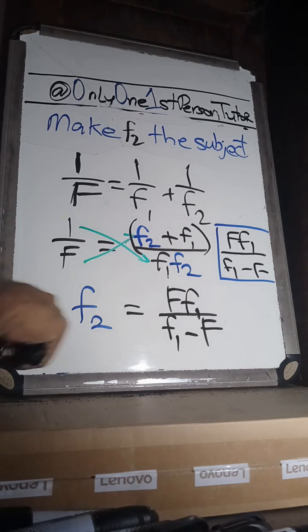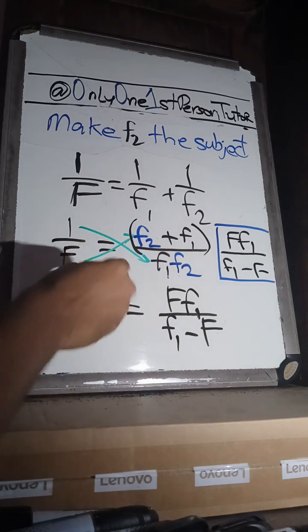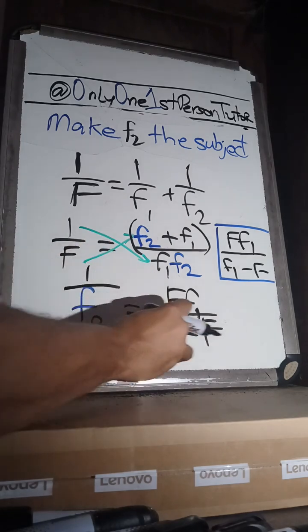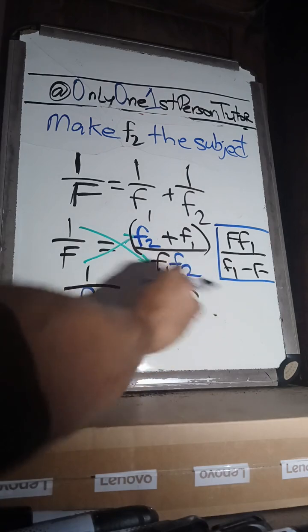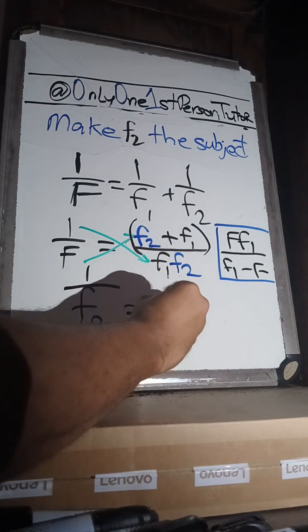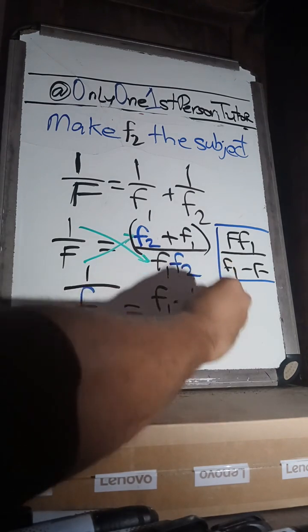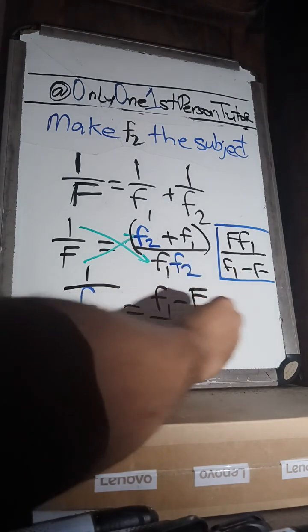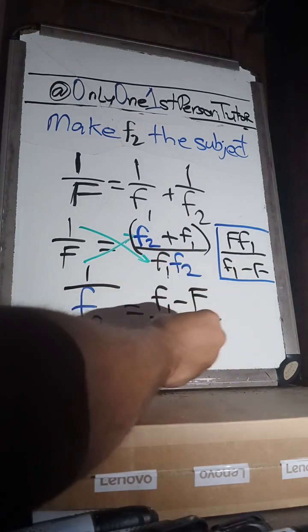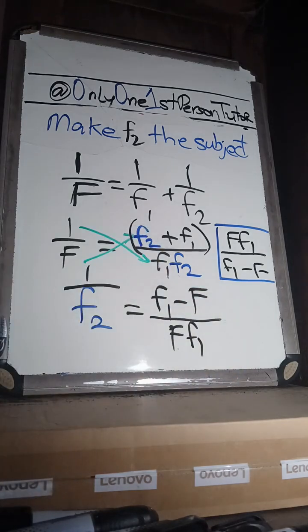So this is F2 over F1, but 1 over F2 would be this. The F1 minus F, that's what that would be if we were to inverse it.